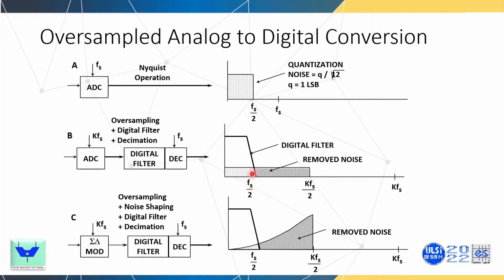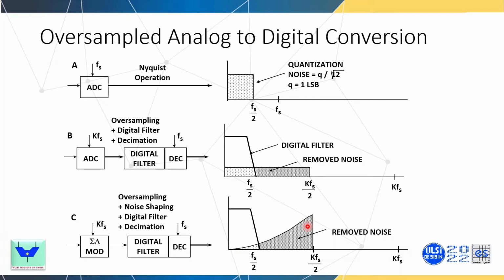Sigma delta is an attractive proposition because by using a sigma delta modulator, for a given oversampling ratio, the quantization noise is moved out of the band of interest. So here you see this is the out-of-band region, and it has pushed the quantization noise from in-band to out-of-band.